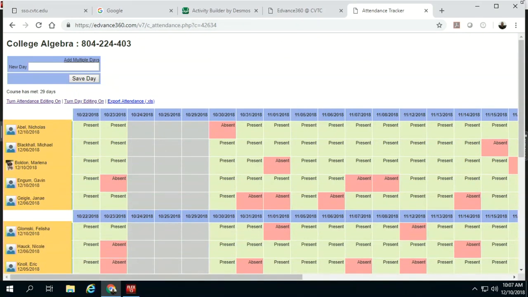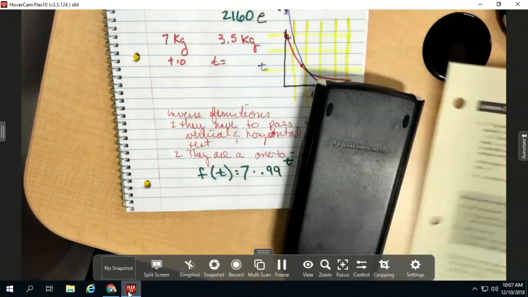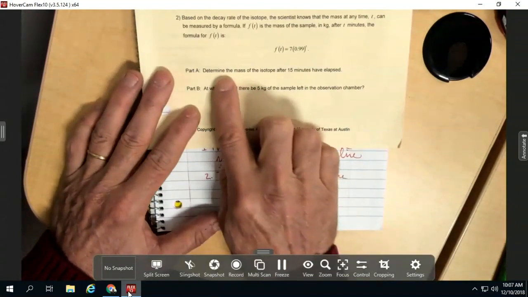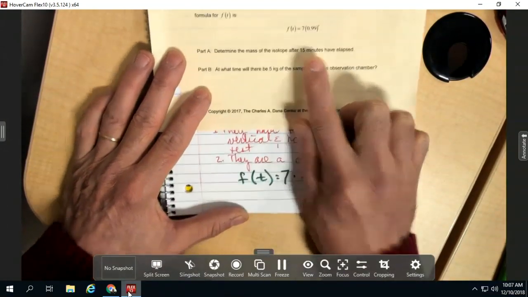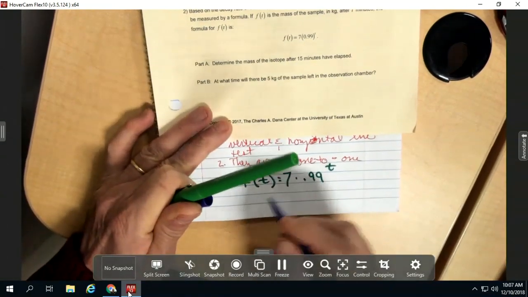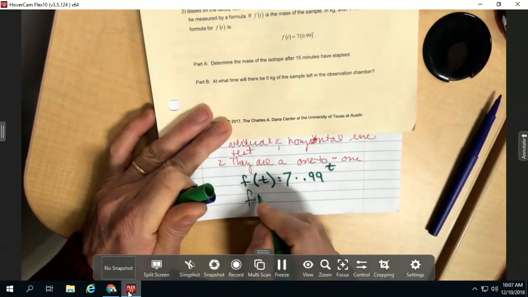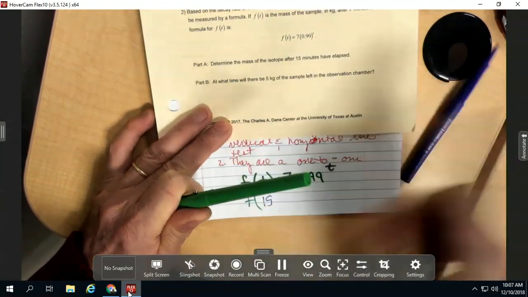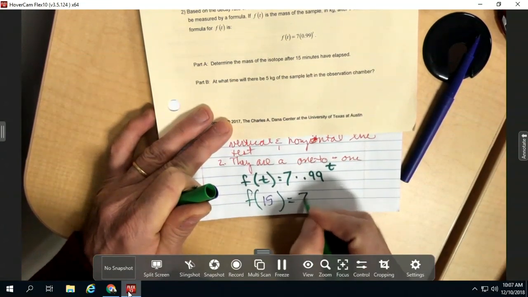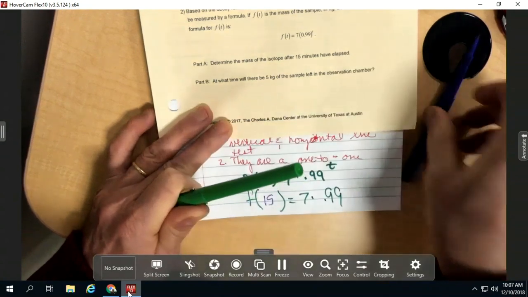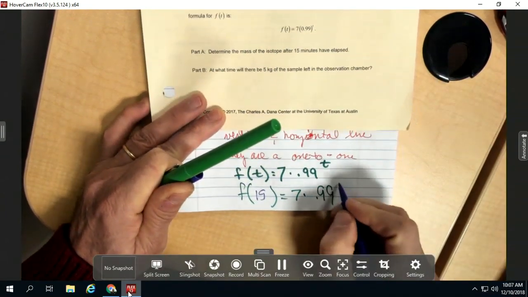Okay. So let's go back to where we left off. We left off with this formula right here. What does that formula help us do? It says, first of all, determine the mass after 15 minutes has elapsed. So what would you do? Well, you would take F of 15, or in other words, 7 times 0.99 to the 15.